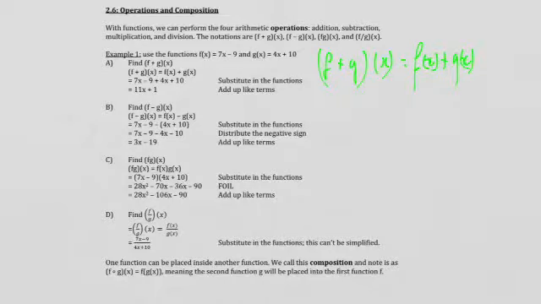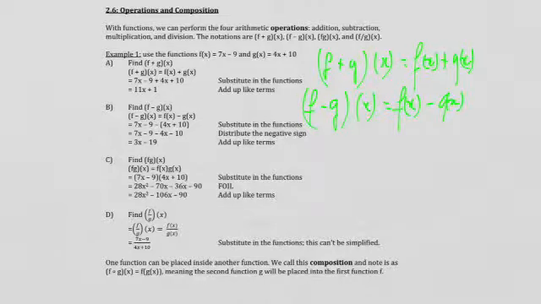So we're just adding both equations together, and we combine like terms, and we end up with the answer for f plus g of x. We're doing exactly the same thing for f minus g of x, which is going to be f of x minus g of x.